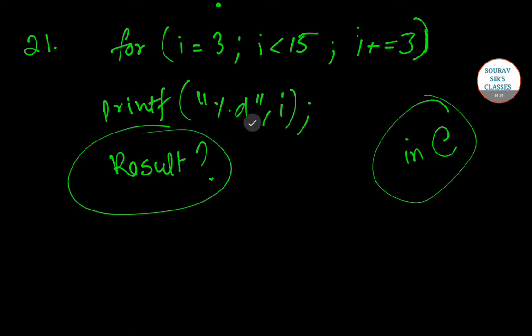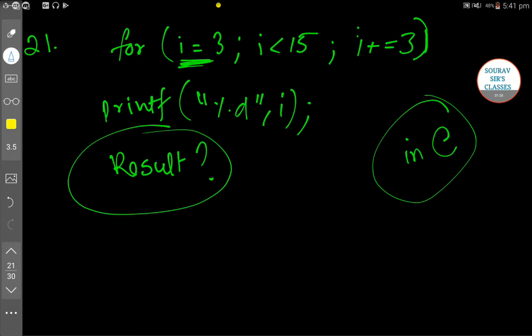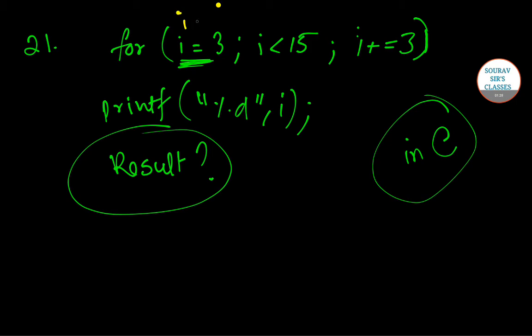So this part means that I starts from 3, that is I is greater than or equal to 3. This part means that I should always be less than 15. So this for loop will stop when I reaches 15.